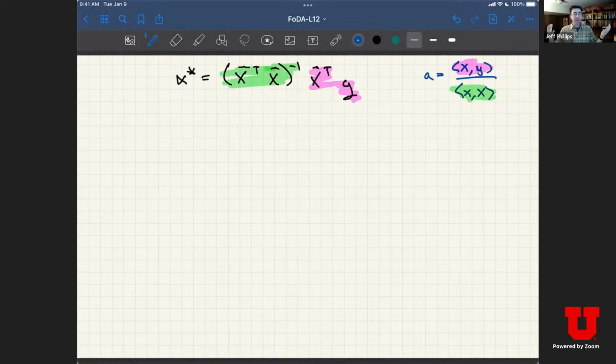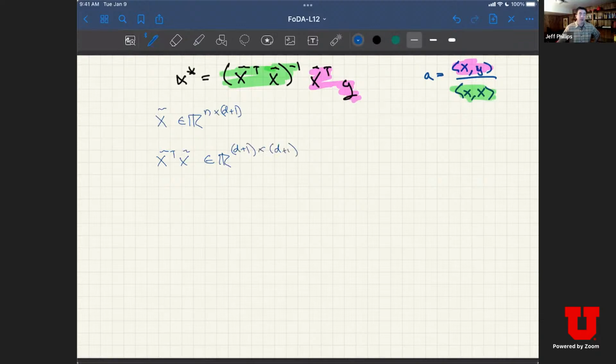Remember, matrix multiplication and inverse only work if the dimensions follow certain properties, right? So x tilde, remember, is an element in R n by d plus 1, okay? So that means x tilde transpose times x tilde is going to be an element of d plus 1 times d plus 1.